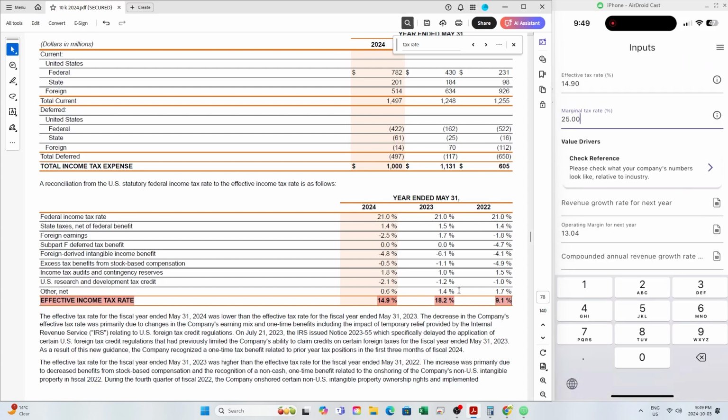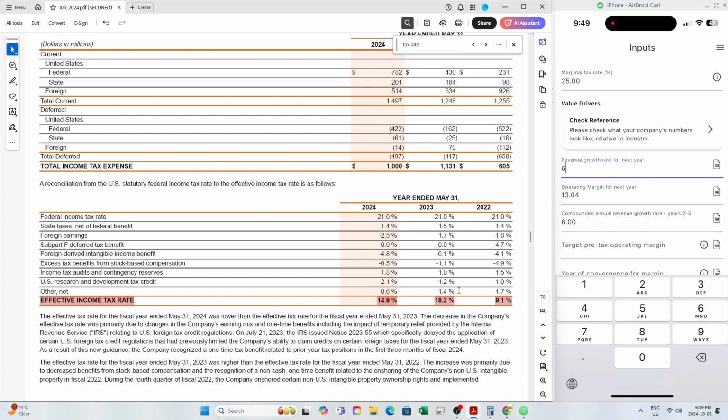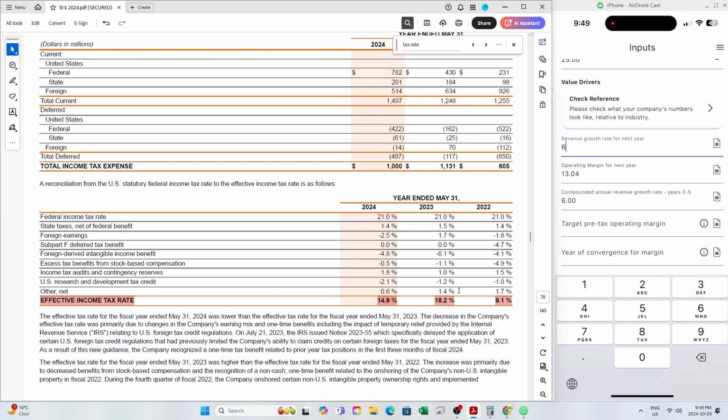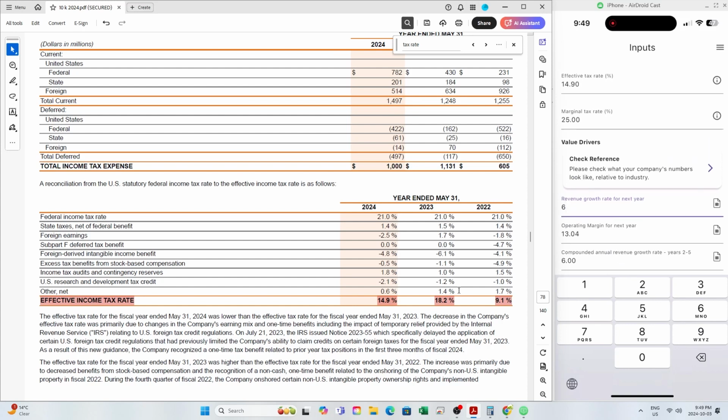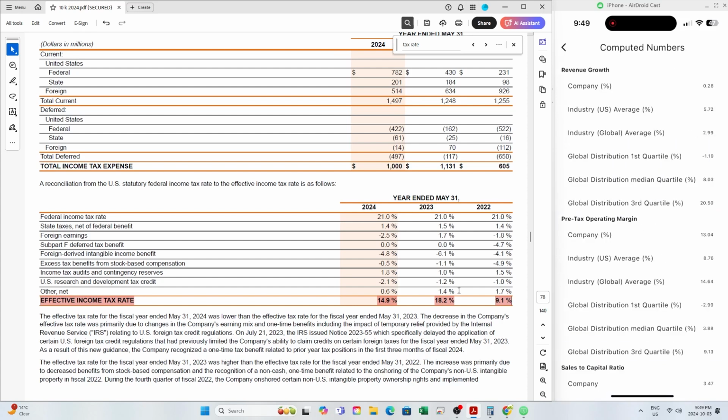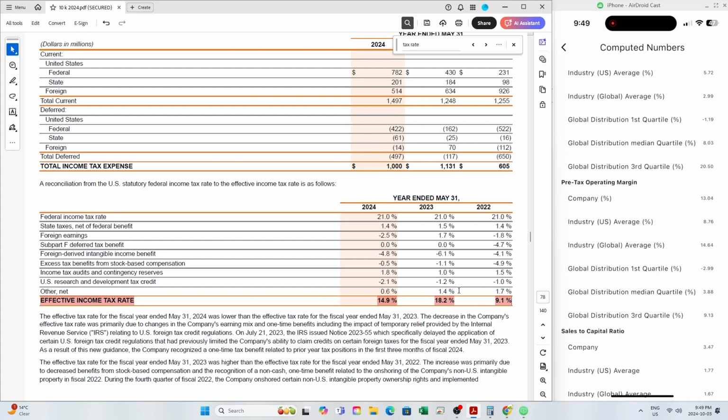Now in the next part we have to find out about the company's future, what we expect from the company. First we have to find the revenue growth for next year and the revenue growth for years 2 to 5. I feel the company will grow around 6%, but this can be up or down. This is just my guess, and I also feel that from year 2 to 5 the company will grow around 6% a year.